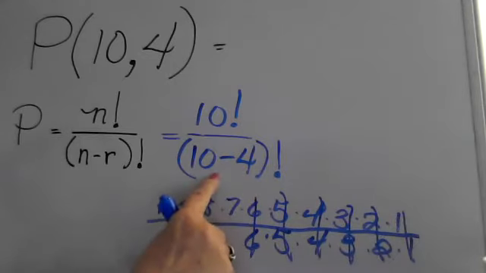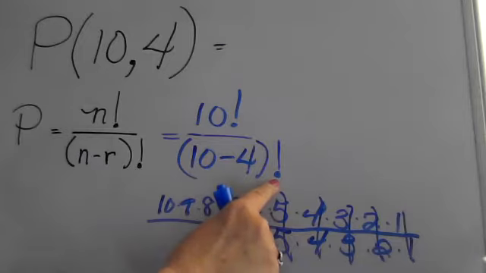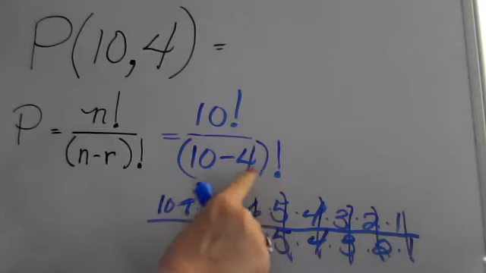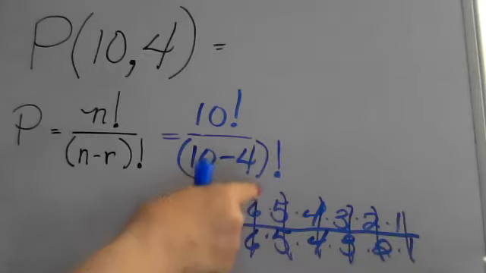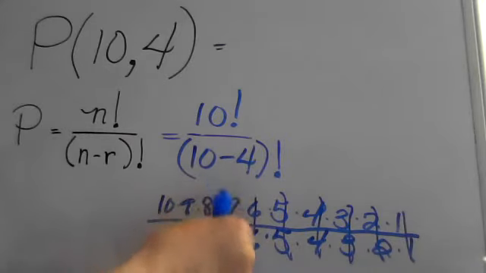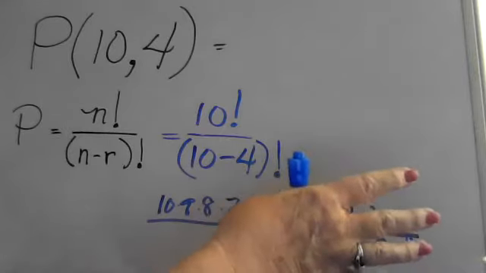Down on the bottom, 10 minus 4 is 6 factorial. So I'm going to start with 6 and multiply all the way down to 1. We notice that in division, if the top and the bottom are the same, they will cancel out and make a 1.